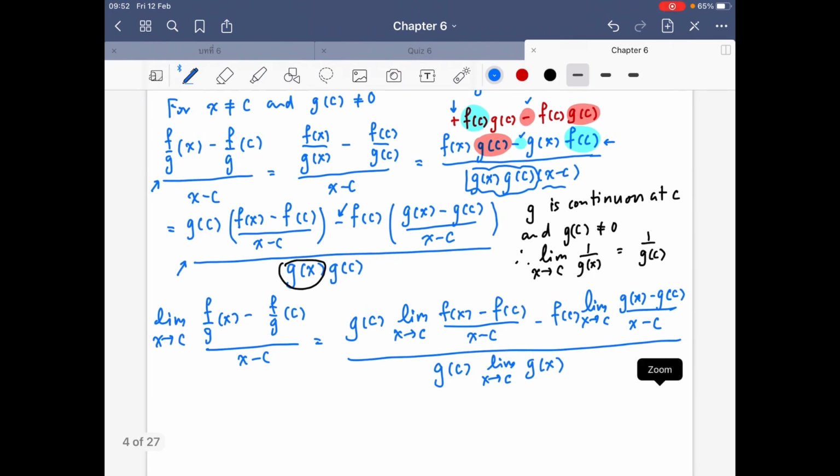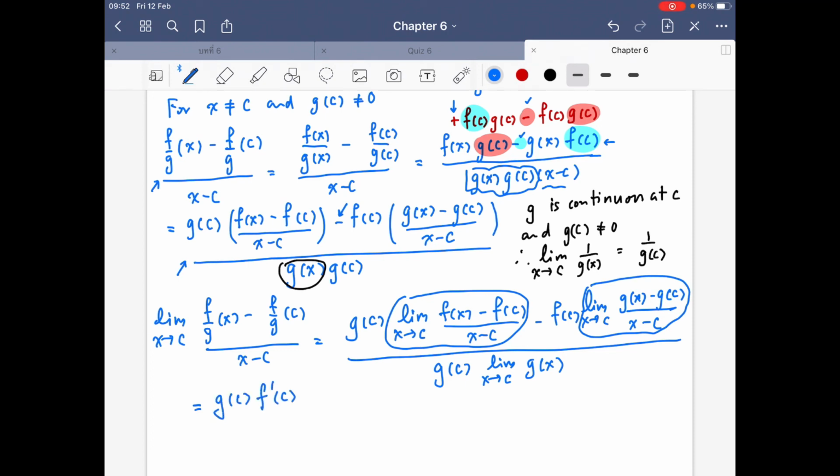So everything is all set, because this limit exists and it is your f prime, and this limit exists and it is your g prime. So you got g(c) f prime(c) minus f(c) g prime(c) over your g(c) squared, because this limit also exists and equals g(c).